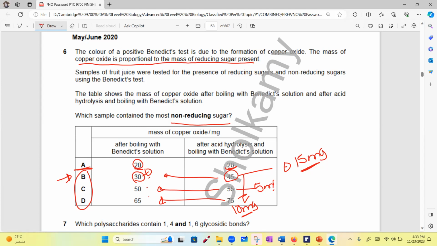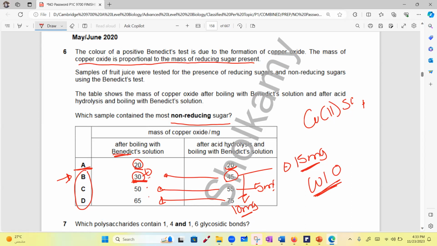I'm going to do the Benedict's test, and this is going to give me a precipitate of copper 1 oxide, because we know that in the Benedict's, copper 2 sulfate will become reduced to give me copper 1 oxide, and this will be insoluble in water and will give me a red precipitate. When I boil with Benedict, let's say it will give me 30 milligrams of copper 1 oxide because reducing sugar is present.